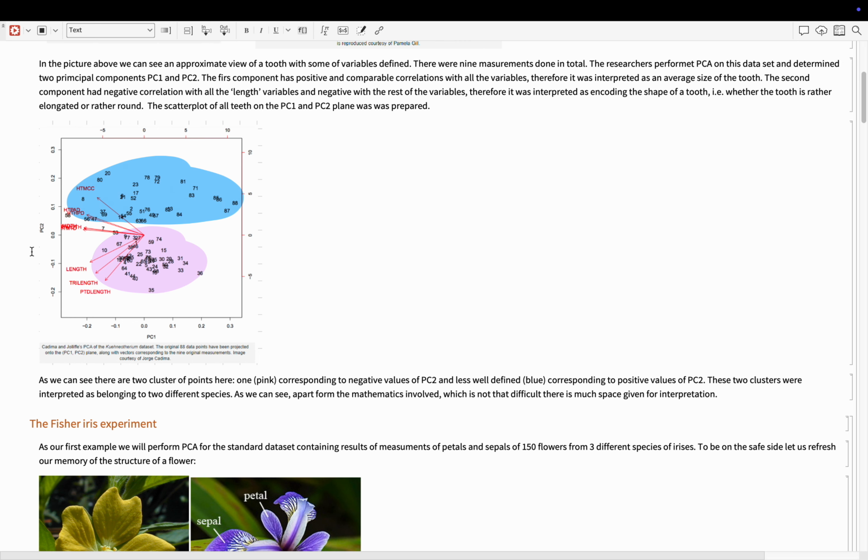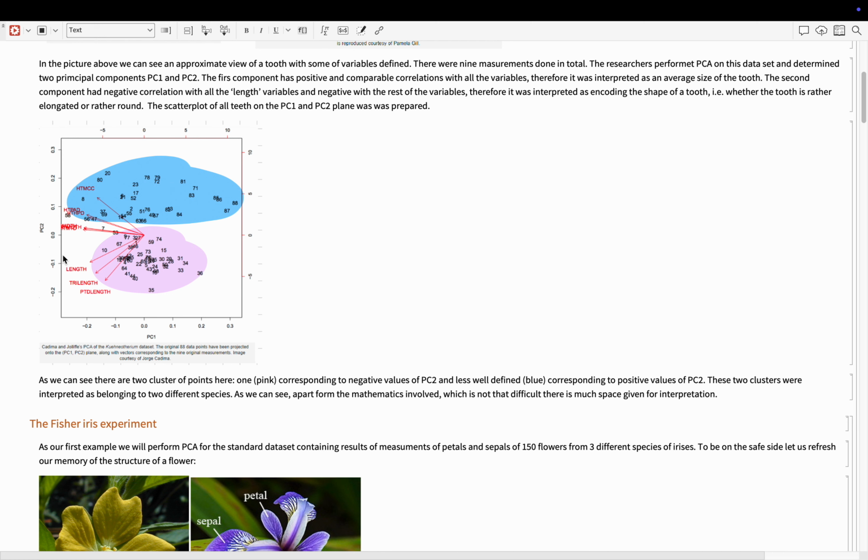And what was the conclusion? The conclusion was that since they seem to cluster, there is the pink cluster here and there is the blue cluster here. At least there is a difference between those two groups with respect to PC2, so the second principal component, the second eigenvector.